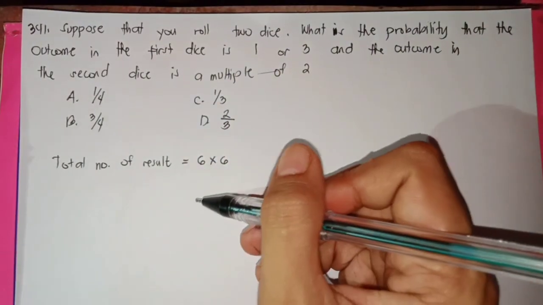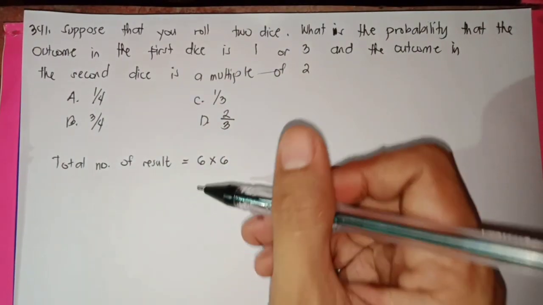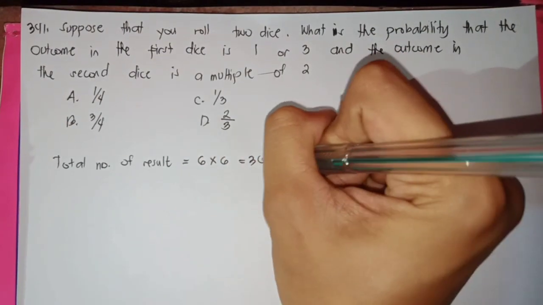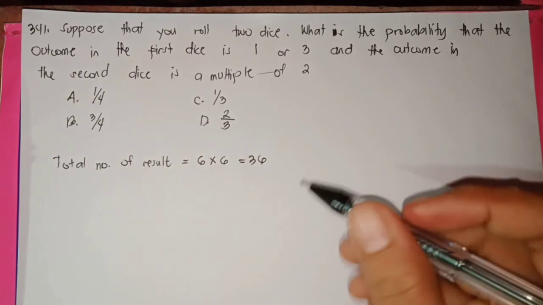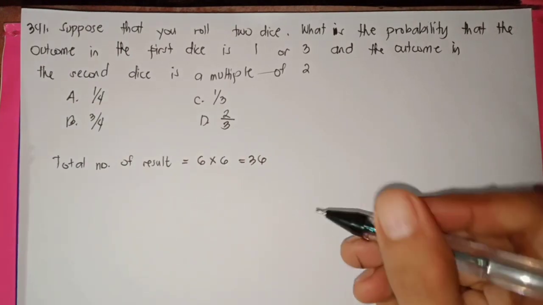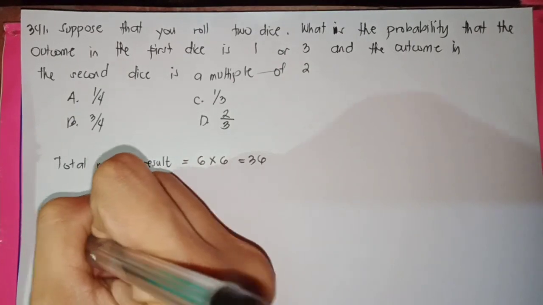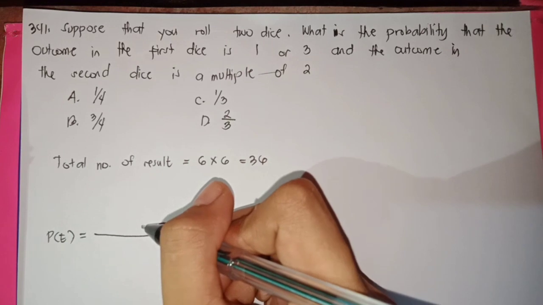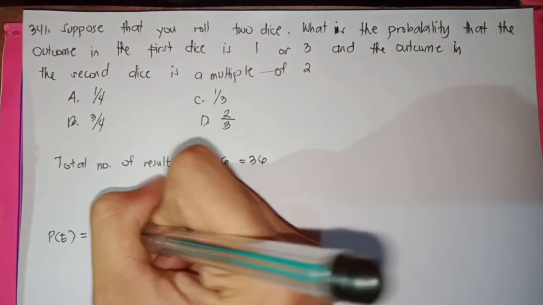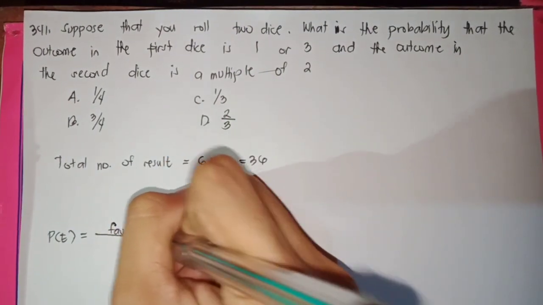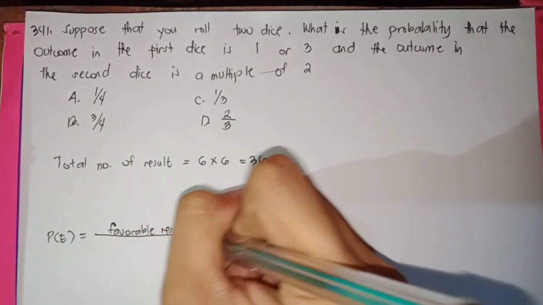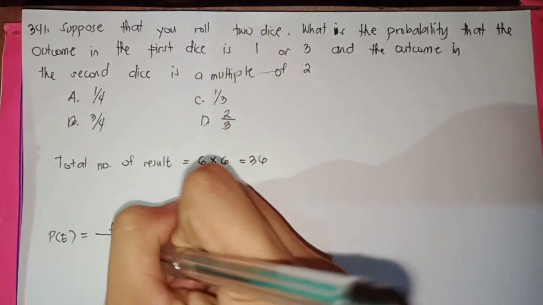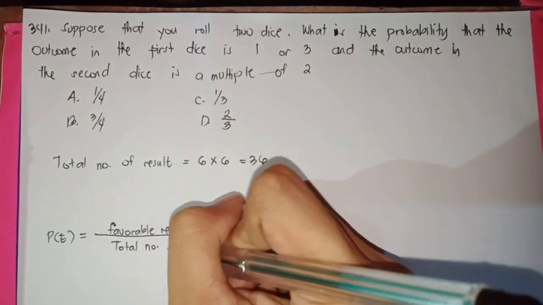Since we will be rolling 2 dice, it will become 6 times 6, which is 36. We will follow the formula, probability of the event equals the favorable outcomes over the total number of outcomes.